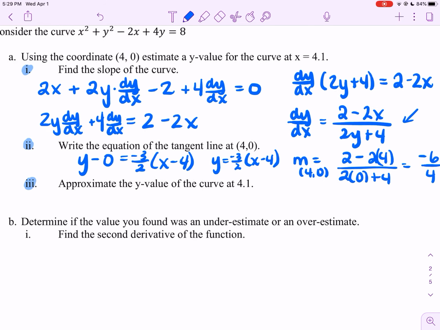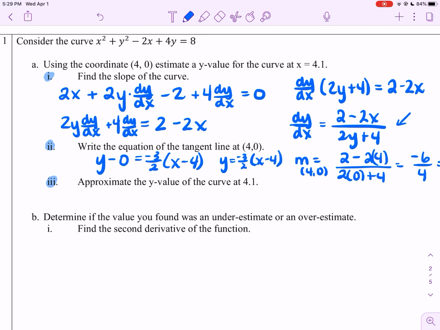Once you write the equation of the tangent line, you can then approximate the y value at 4.1. y will approximately be negative 3 over 2 times 4.1 minus 4. That simplifies to negative 3 over 2, or negative 1.5, times 0.1.